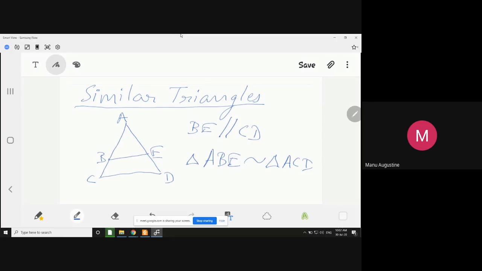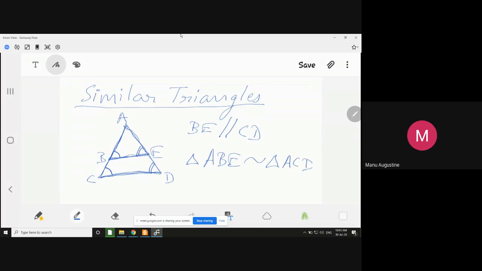That means this smaller triangle is similar to this larger triangle containing it. And how do they become similar to each other? Since this line is parallel to this line, it automatically implies that this angle is equal to this angle and this angle is equal to this angle.